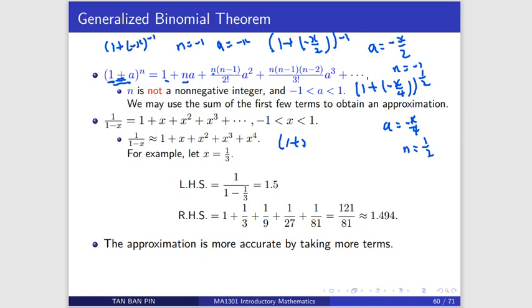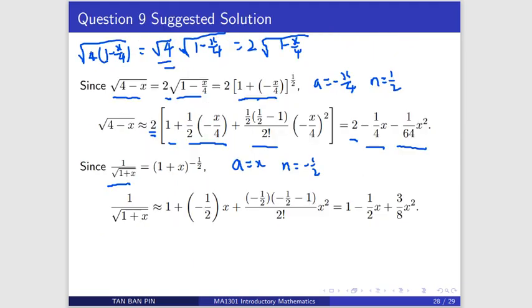So this time a is x, n is minus half. You just substitute in here, and you get this. It can be simplified to 1 minus half x plus 3 quarter x squared.